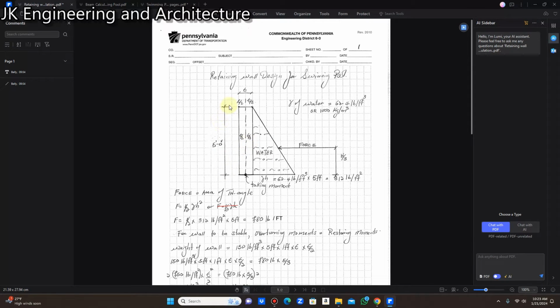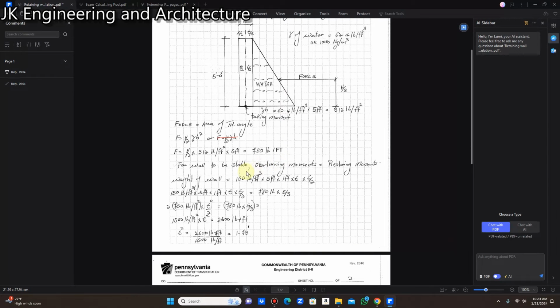We know the height of the wall, we do not know the thickness of the wall, but we can come up with the thickness through mathematical calculation. We know the unit weight of concrete, since we're going to use reinforced concrete, is 150 pounds per cubic foot. So we're going to multiply that by the volume of the wall times the center of gravity to get the moments.